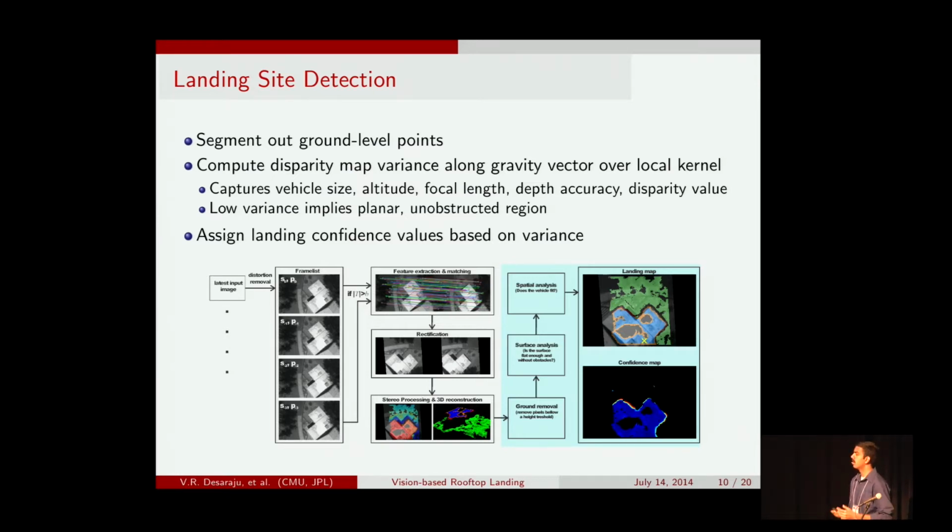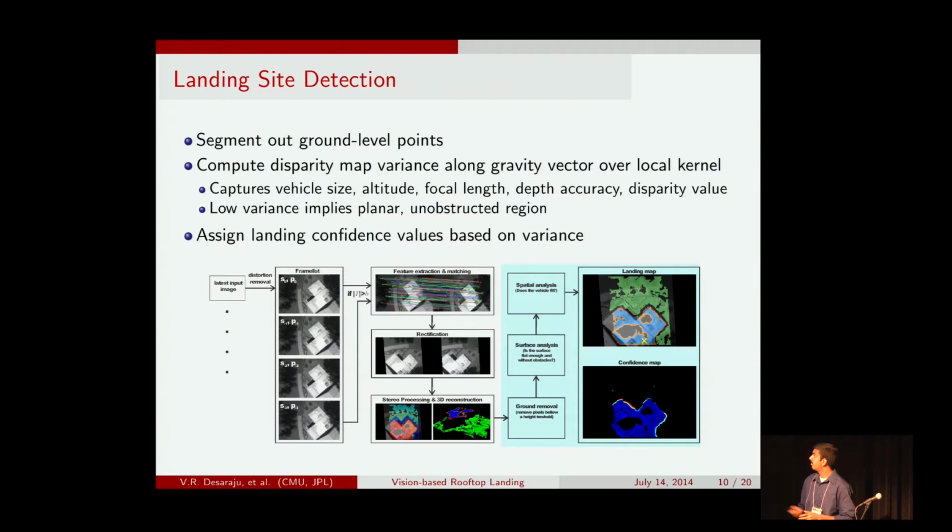This local kernel allows us to capture information on the vehicle size, altitude, focal length, the required depth accuracy, and the disparity value for the system. Since we're incorporating all this into the local kernel, we can simply look at areas that have low variance in the disparity map and determine that these correspond to planar, level areas in the environment that are sufficiently open for the vehicle to land.